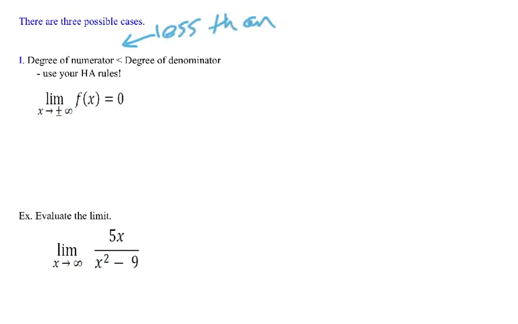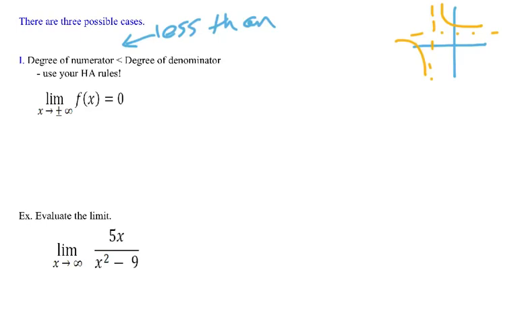All right, if the degree of the numerator is less than the degree of the denominator, we're going to use exactly what we used for our horizontal asymptote rules. I know it was a long time ago, but when we studied our rational functions where we would have a vertical asymptote and a horizontal asymptote, and then we'd have a graph here and a graph here. All right, I know that was back before Christmas break.